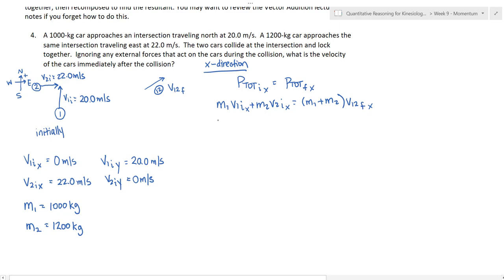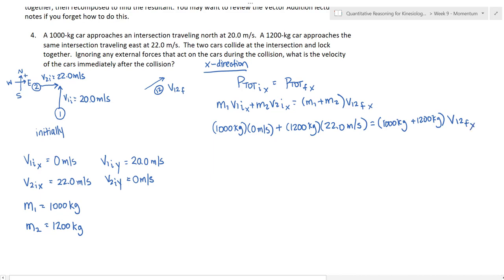So m1, mass is a scalar, so the mass in the x and the y direction is both the same, 1,000 kilograms. v1 initial in the x was 0 meters per second, plus m2 was 1,200 kilograms. v2 initial in the x is 22 meters per second, equals m1 plus m2, so 1,000 kilograms plus 1,200 kilograms times v12 final in the x.